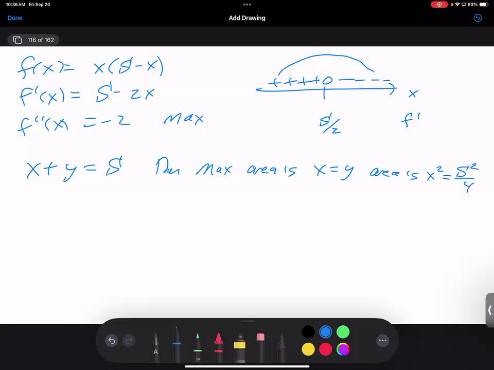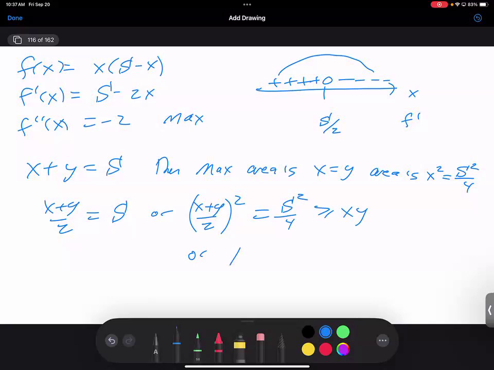But s is related to the arithmetic mean. Right? So we know x plus y over 2 is equal to s, or x plus y over 2 squared equals s squared over 4, which is going to be greater than or equal to x times y, or the arithmetic mean of xy will be greater than or equal to the geometric mean of xy.